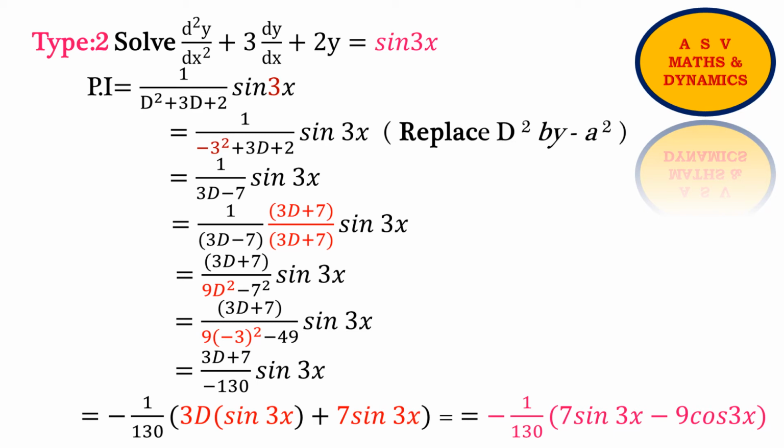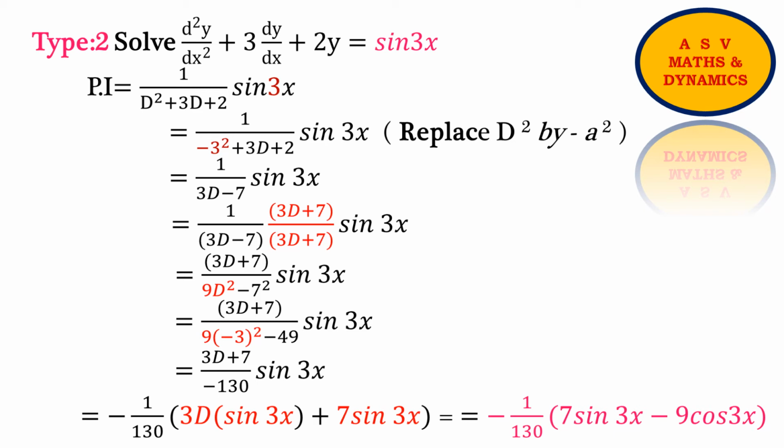But in the numerator you have to concentrate on 3d sine 3x plus 7 sine 3x. You have to differentiate one time. Sine 3x becomes cos 3x into 3, because first you have to handle the trigonometric function, then the variable. Right now the trigonometric function differentiation sin x gives cos x, then for 3x the 3 will come.